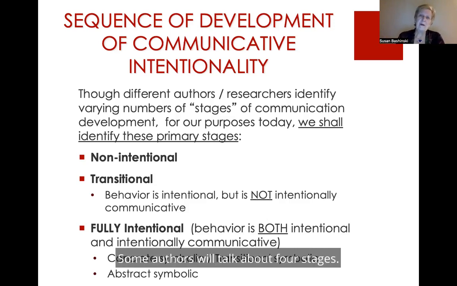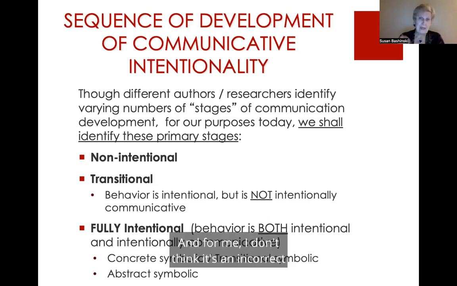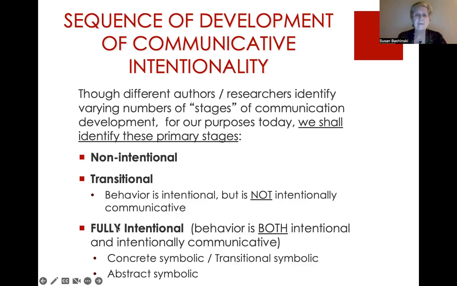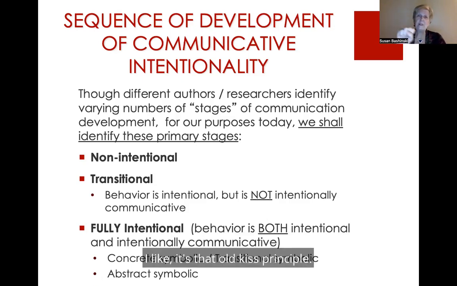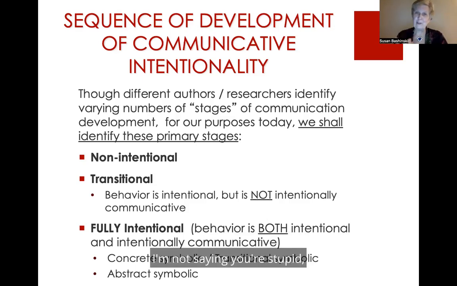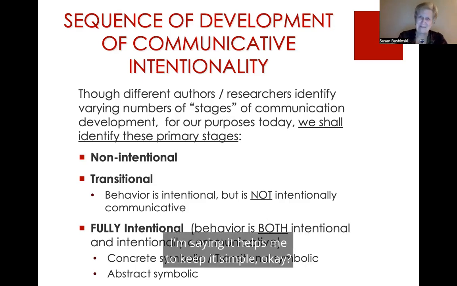Some authors will talk about 4 stages. Some authors will talk about 6 stages. Some authors will talk about 9 stages. And for me, I don't think it's an incorrect or erroneous oversimplification to just talk about 3. It's that old KISS principle. Maybe some of you have heard of it. Keep it simple, stupid. I'm not saying you're stupid. I'm saying it helps me to keep it simple.